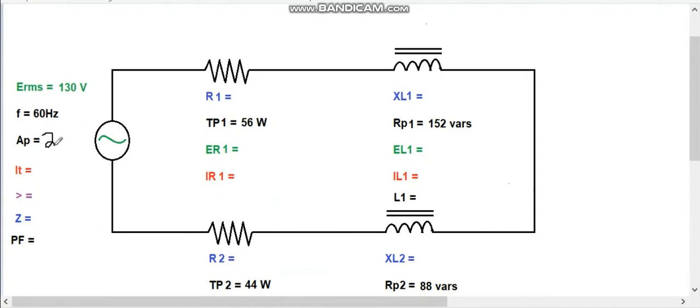Put that there, 260 VA. And just using Ohm's law, we can say that I is going to be equal to P, or apparent power, over my ERMS of 130. So 260 divided by 130 is going to give me my current, which is going to be 2 amps.